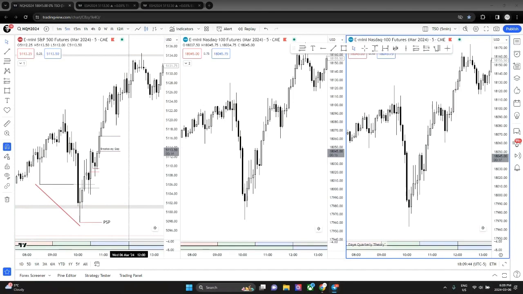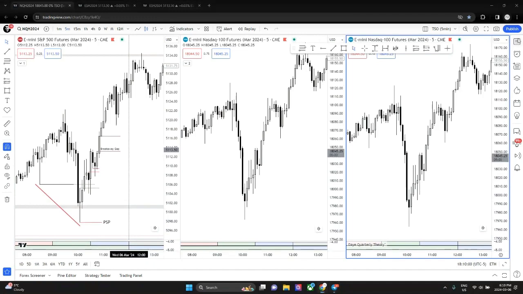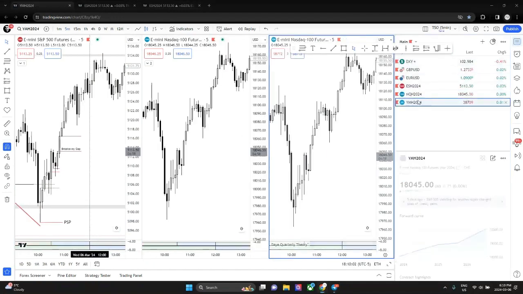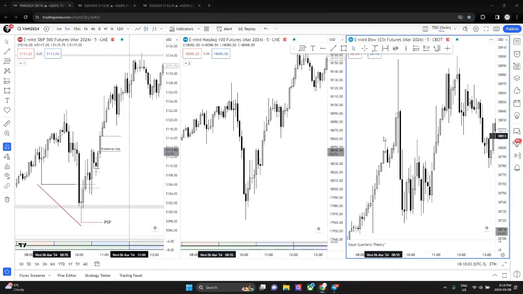So firstly, you guys can see that this is a precision swing point that was formed after there was sequential SMT. Hold on, the Dow should be right here. Okay, there we go.